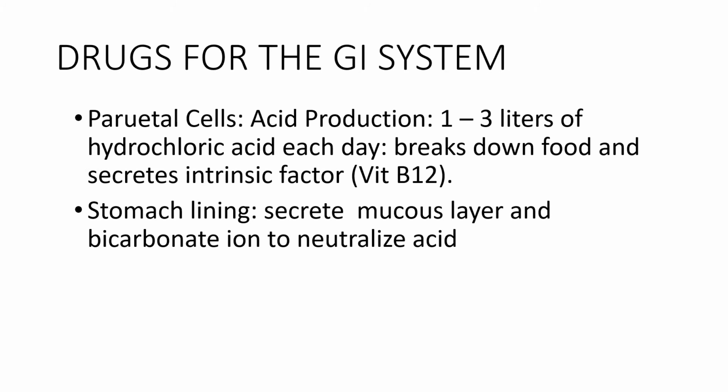This slide is kind of gearing us up for the drugs that are associated with the GI system, and it does lead into that. But first, you're looking at the drugs and how they are targeted. One of the things is you got to understand that the parietal cells are involved in the targeting of these drugs. The parietal cells are necessary for acid production, and you have 1 to 3 liters of hydrochloric acid each day.